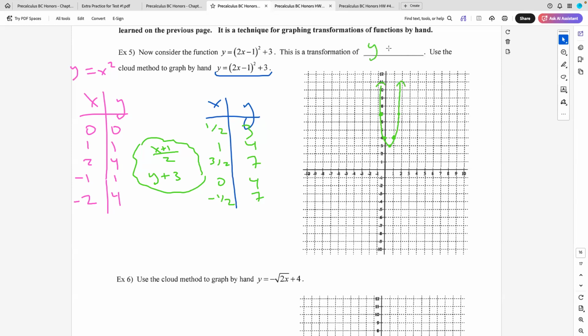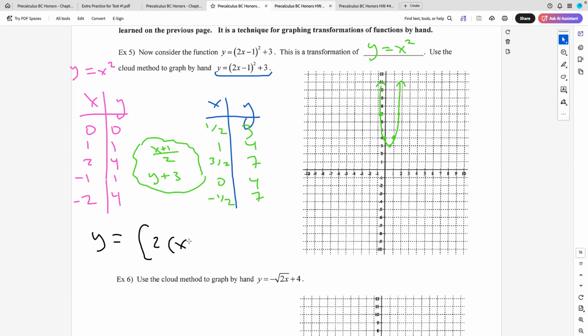Remember, we're transforming y equals x squared, right? If you so desire, it's a little extra work, but you could actually pull 2 out.